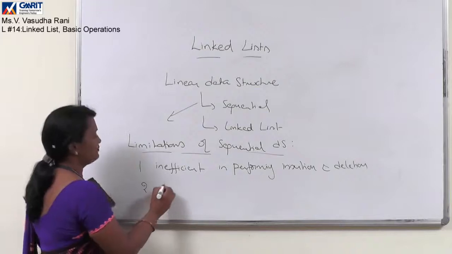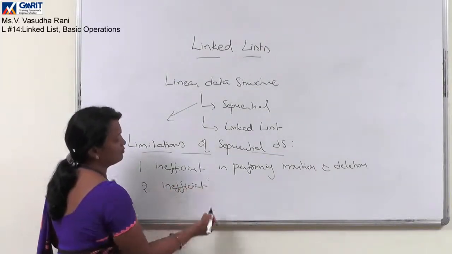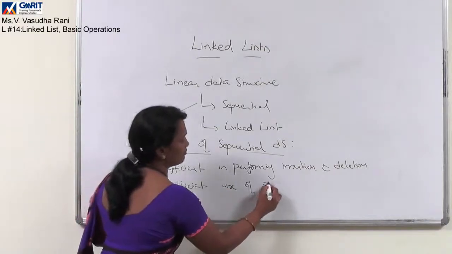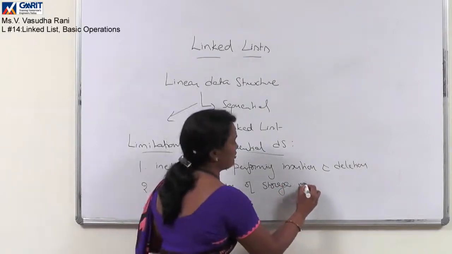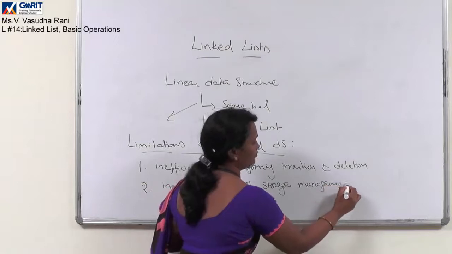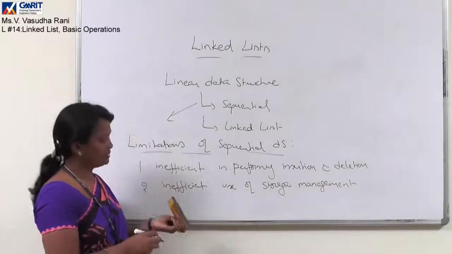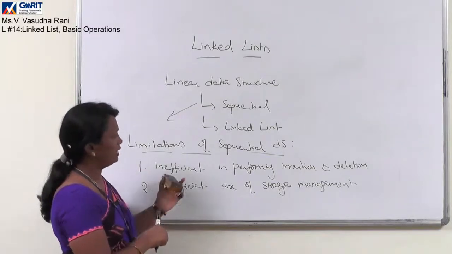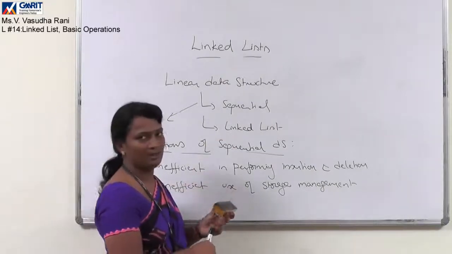And the second one is inefficient use of storage management. So these are the two limitations with sequential data structures like arrays. In order to eliminate or avoid these two limitations, we have to go for linked list.